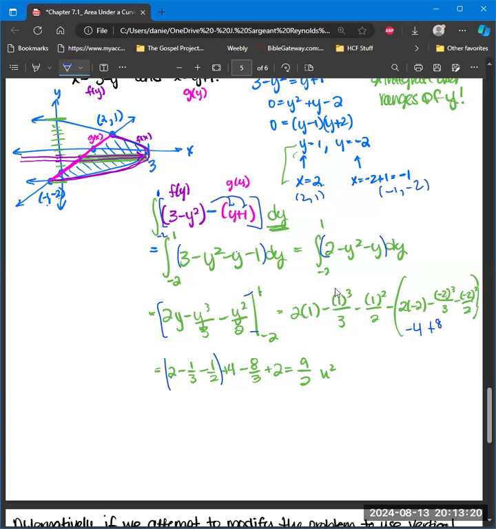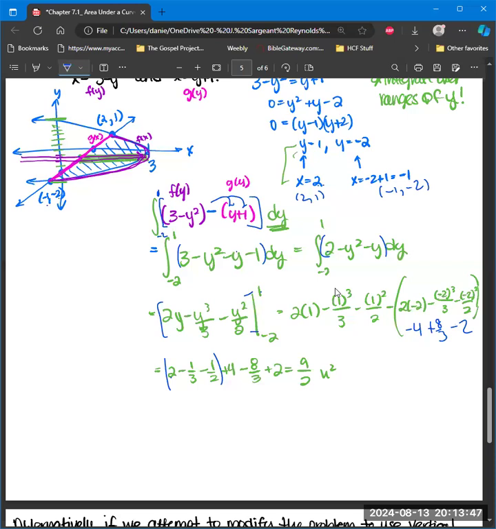That's plus 8/3. And then -2 squared is 4 over 2, so that's -2, because that was negative.